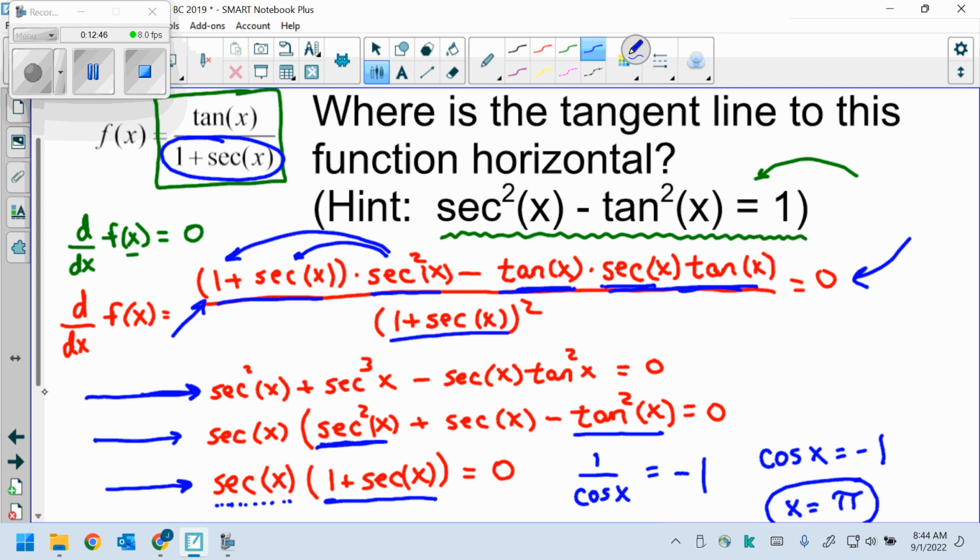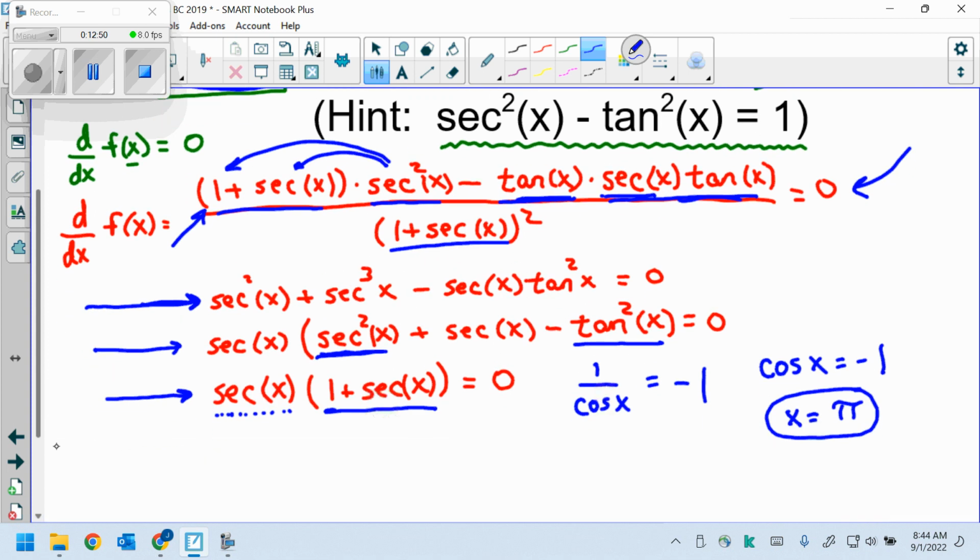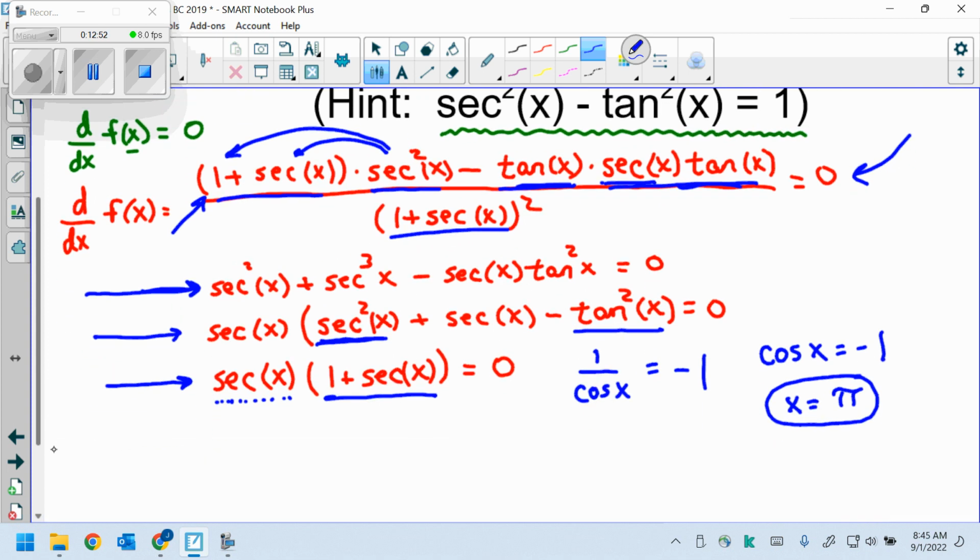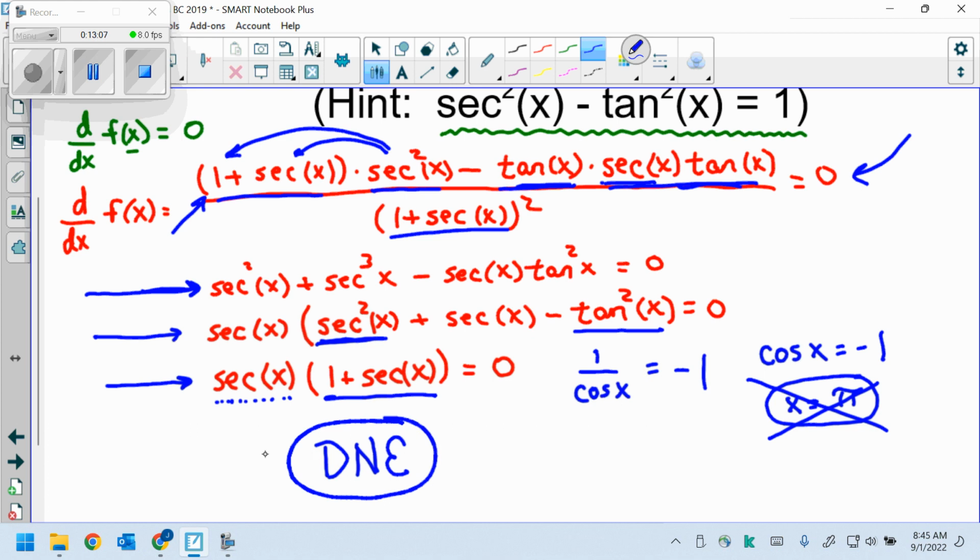And if pi is not in the domain of our problem, yeah, we came up with a nice x value. But if we're being conscious of what our domain is, I guess we'd have to say that as our final answer. Interesting. Wow. That's awesome. Okay, let's move on.